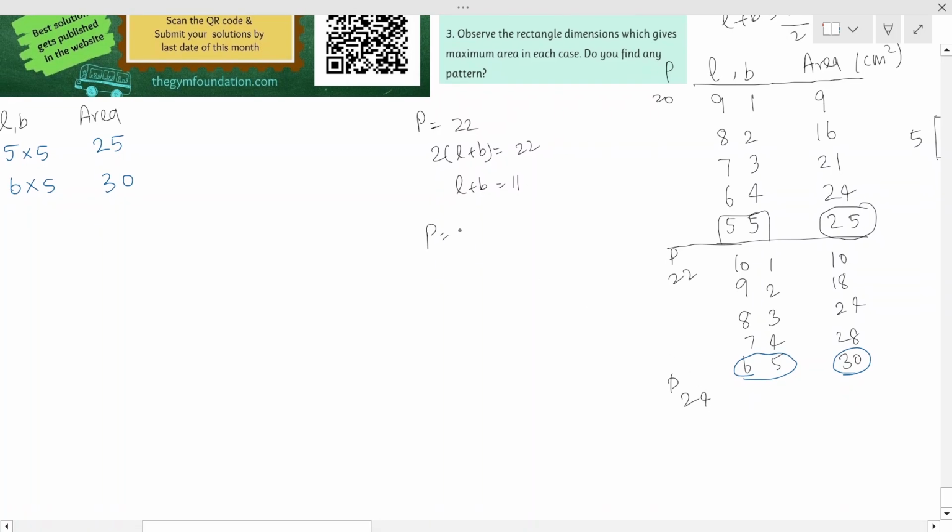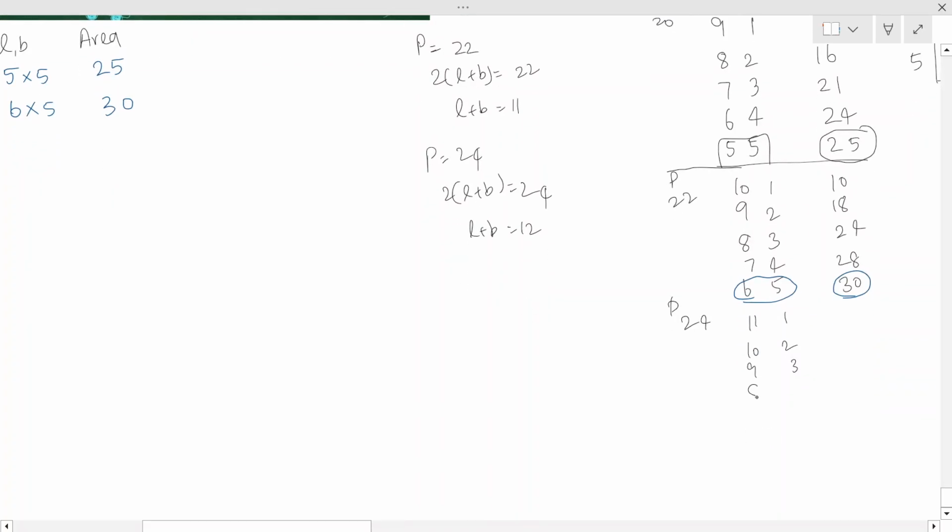So here again, perimeter is 24. So 2 times (L plus B) is 24, and then L plus B is 12. Right? So what are the different ways to get 12? 11 and 1, 10 and 2, 9 and 3, 8 and 4, 7 and 5, 6 and 6.